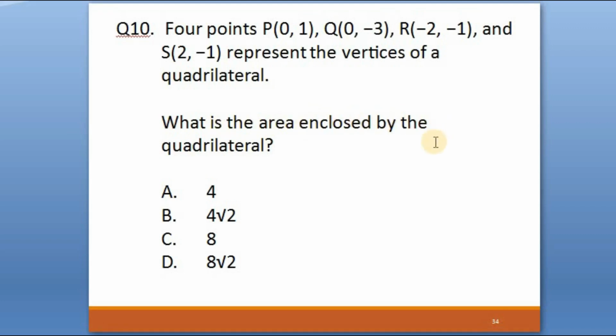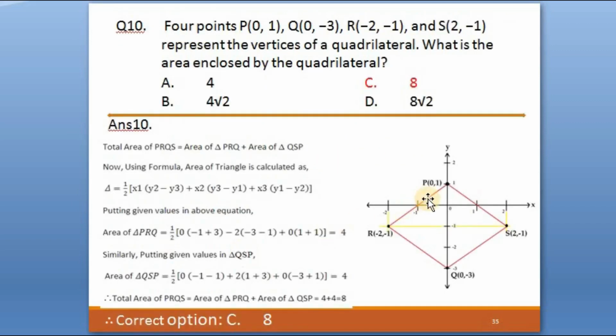So again, since vertices are given, the best method is to roughly draw the points on the x and y axis. Since P is given as (0, 1), we'll mark a circle here. Again, Q is given as (0, -3), so we will mark it here.